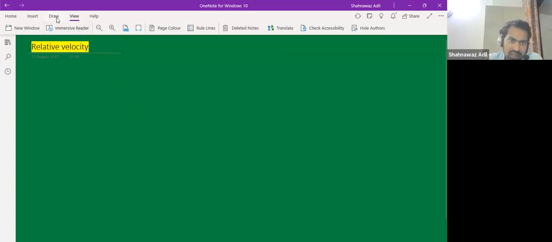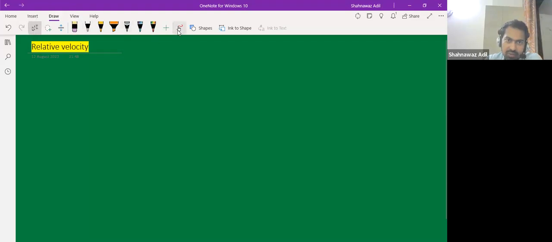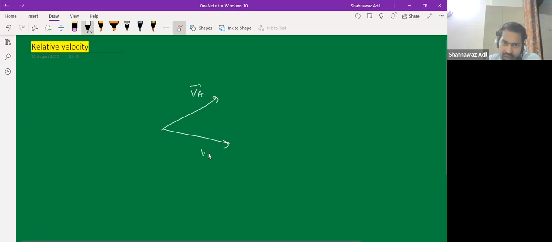But now the object or the body is traveling in two dimensions, right? So the object is traveling, let's say, in two dimensions. So this is some VA and this is some VB. So whenever we talk about relative velocity, it means that both the objects are moving, right?